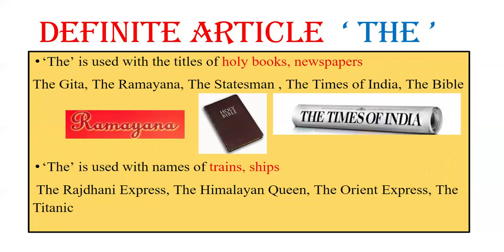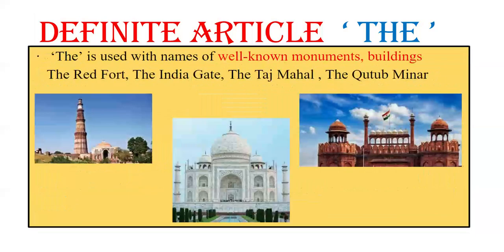The is used with the names of trains, ships. The is used with the names of well known monuments, buildings. For example, the Red Fort, the Qutub Minar, the Taj Mahal. Please pause the video, go through all the rules one by one, and read the examples given with them. Then you will be thorough with the rules and the topic.